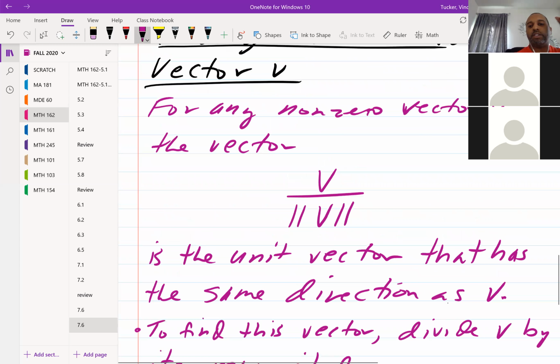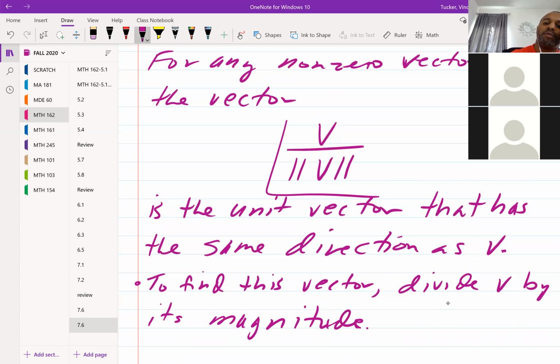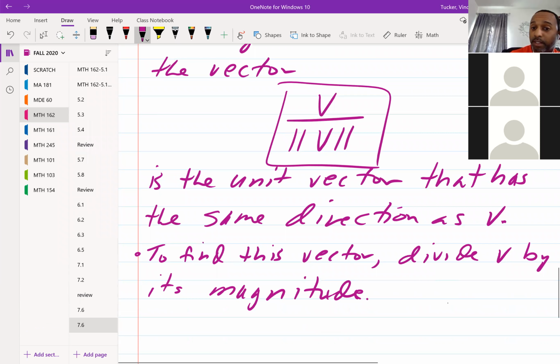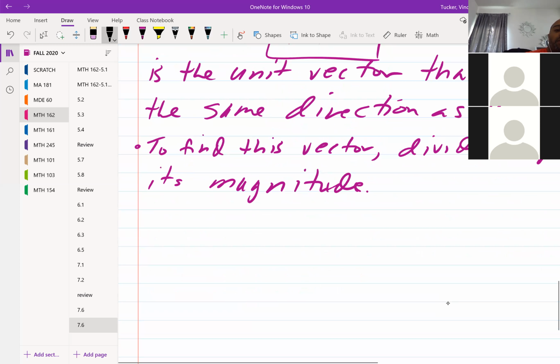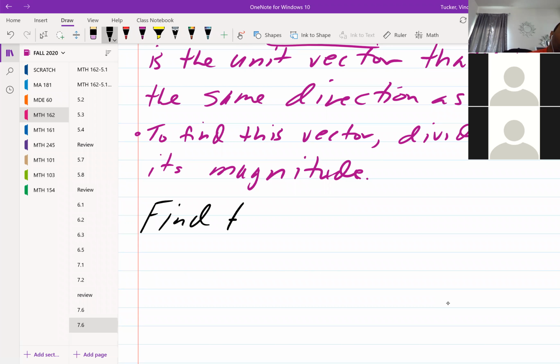So for any non-zero vector v, v over the magnitude of v is going to be the unit vector that has the same direction as v. To find that vector, we just divide v by its magnitude, which is what this is right here. Remember we mentioned a unit vector is a vector with the magnitude of 1.